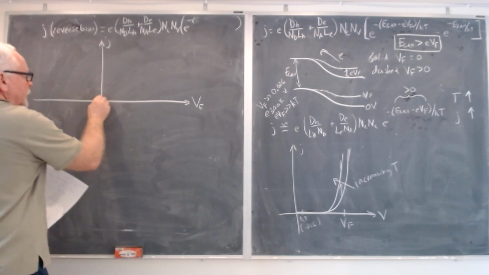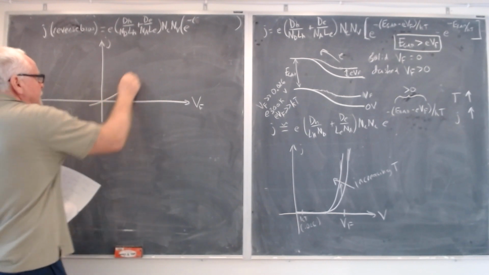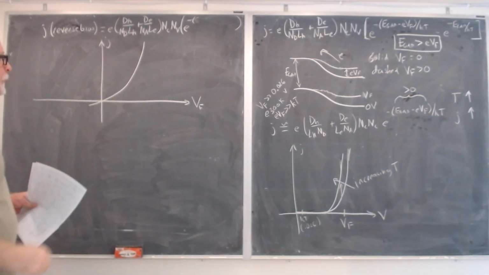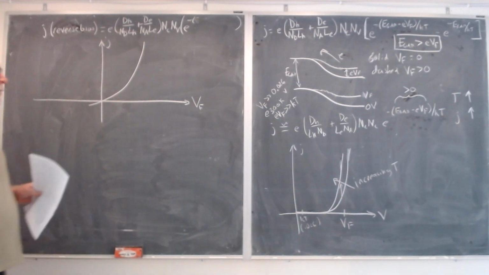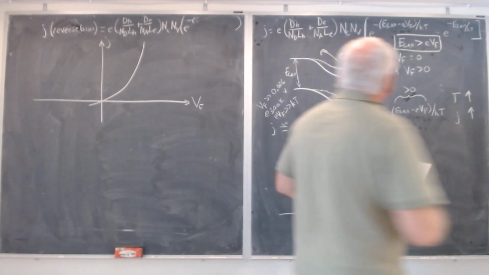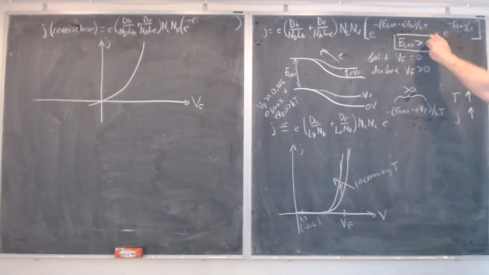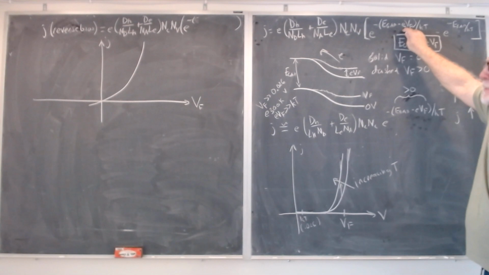It's hard to draw because this isn't really the way it looks, it's an exponential. It really takes off. But you see that, going over to here, because it's the same formula, as VF becomes negative, this becomes e to the minus a larger number.